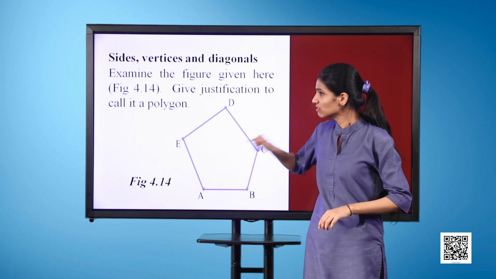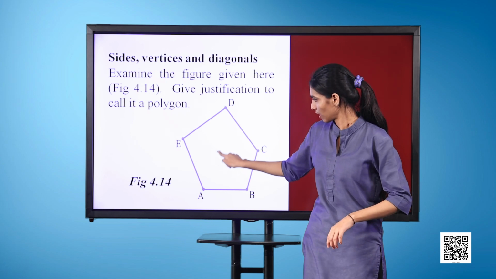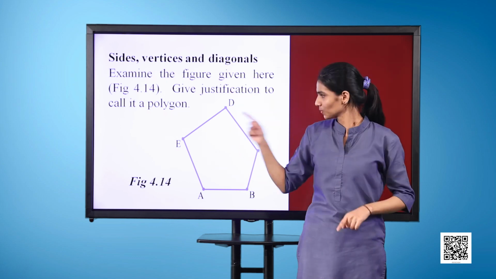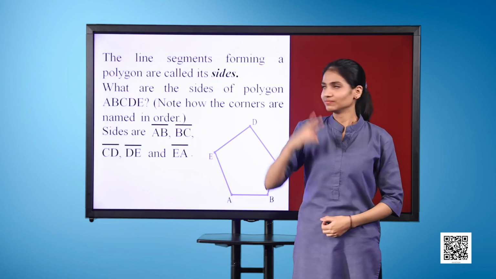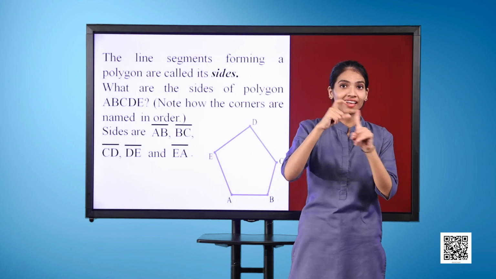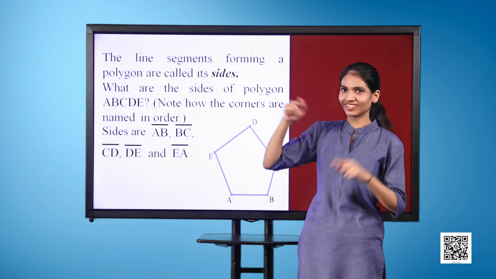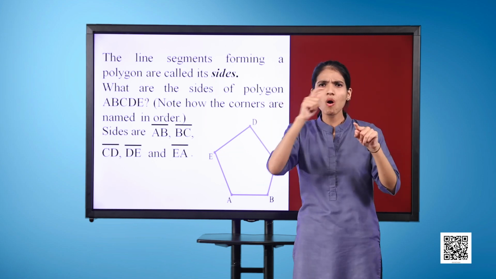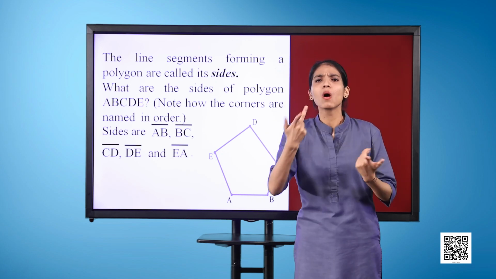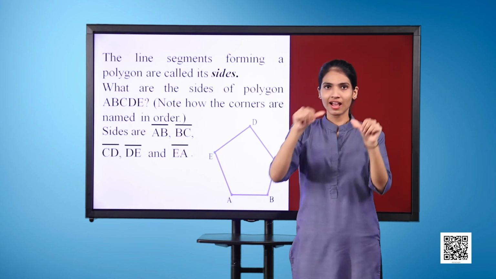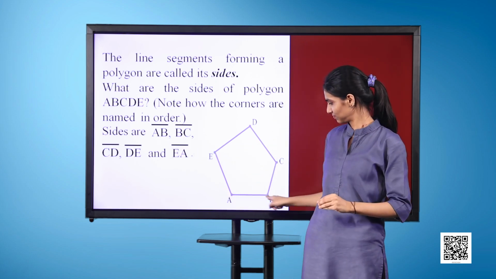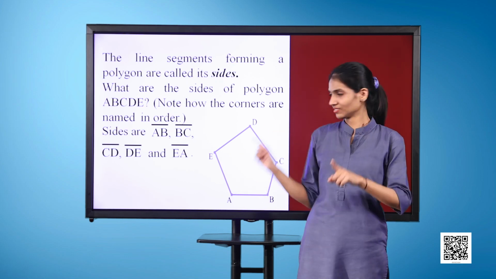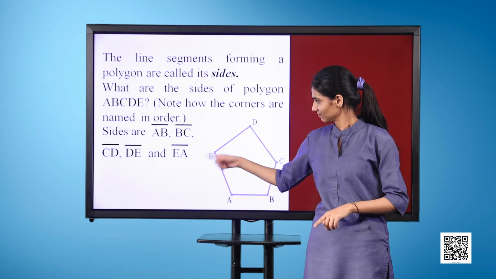Figure 4.14. Give justification to call it a polygon. The line segments forming a polygon are called its sides. What are the sides of polygon ABCDE? Note how the corners are named in order. Sides are AB, BC, CD, DE, and EA.